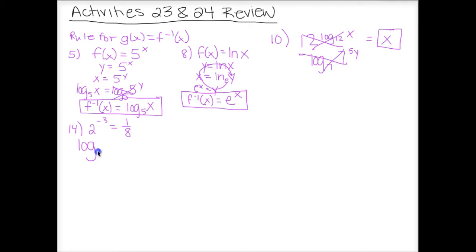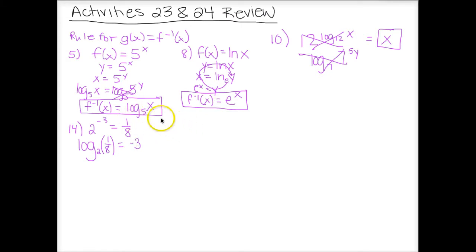So log base 2 of whatever was on the other side, so in this case, 1/8, equals whatever the exponent is. So this is your answer there. There's really not work to do. It's just you have to have memorized the pattern.